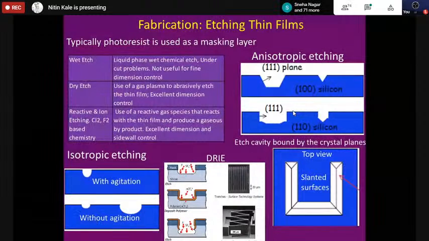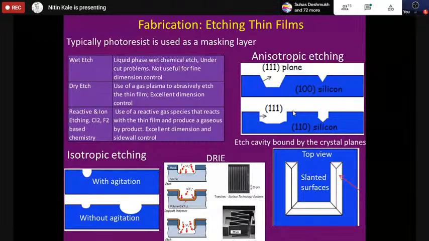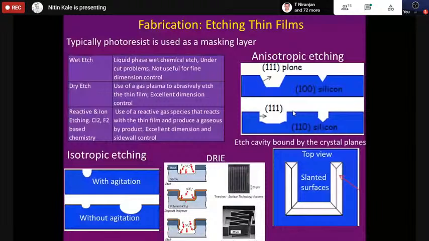After you have done your definition on the wafer, of the area where you want the film and the area where you want to remove, the next step, of course, is subtraction, where you want to etch the film that you had deposited. Now you can do a wet etch or a dry etch. Wet etch will use wet chemicals, acids and bases, for example.